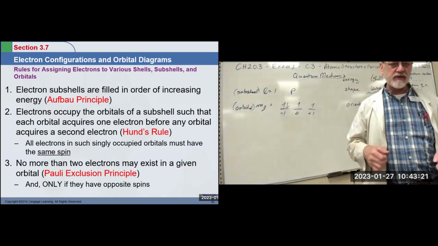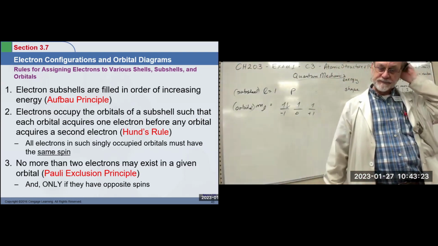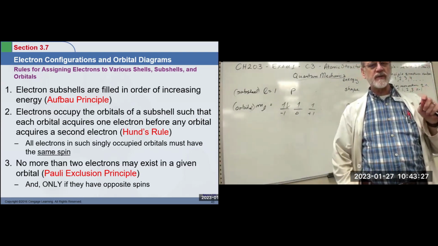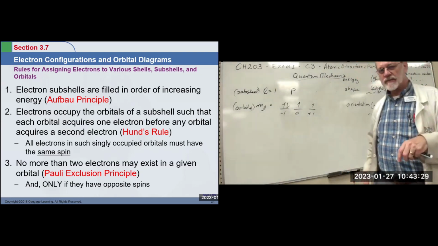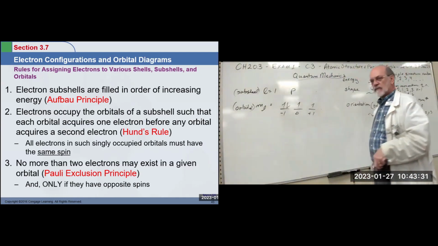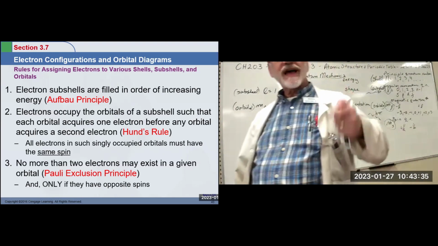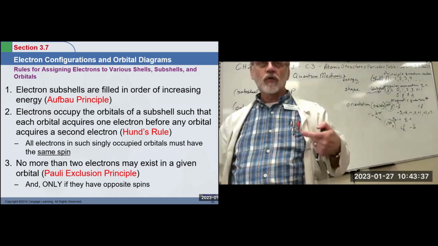Then there's the Pauli exclusion principle. No more than 2 electrons may exist in a given orbital. Actually, that's a simplification. The Pauli exclusion principle says that no electron can have exactly the same set of 4 quantum numbers.